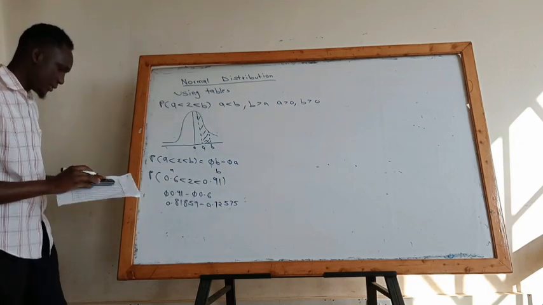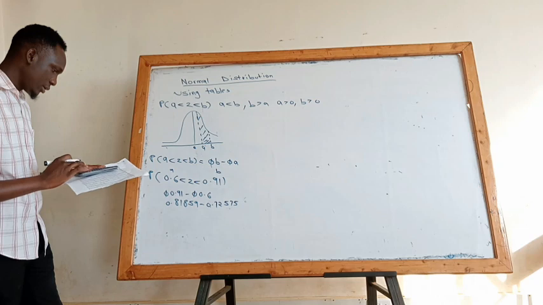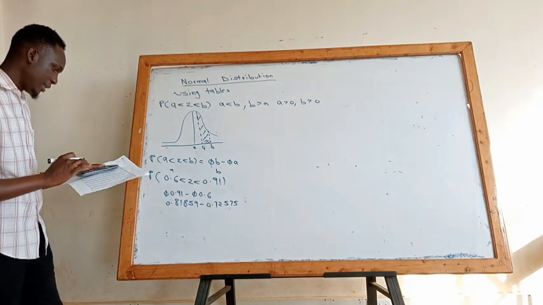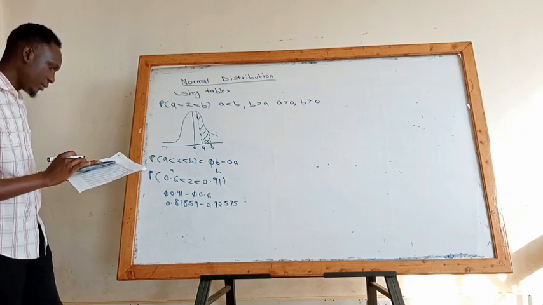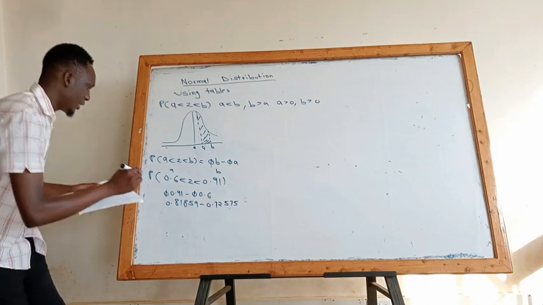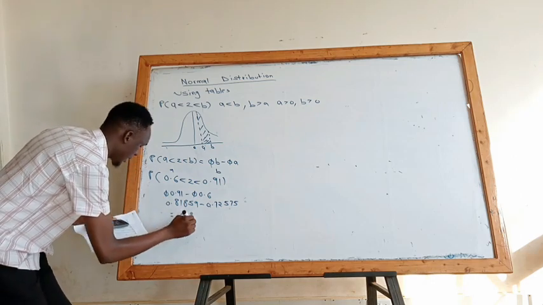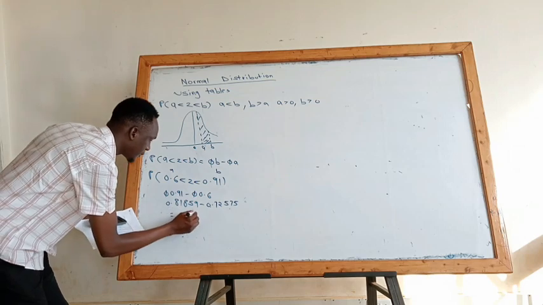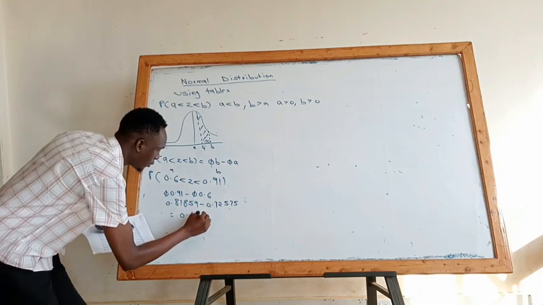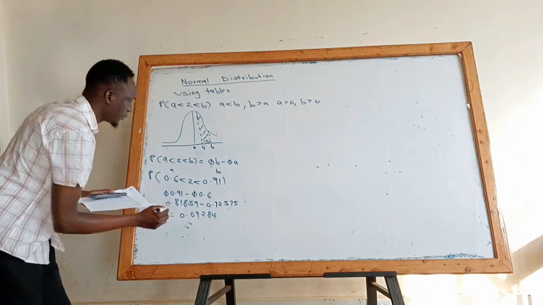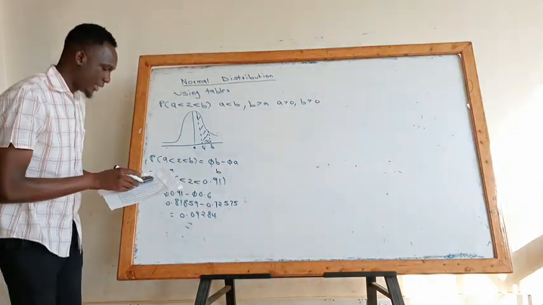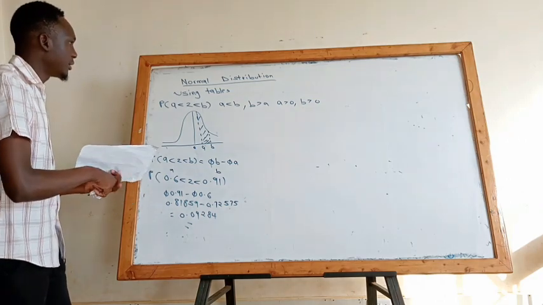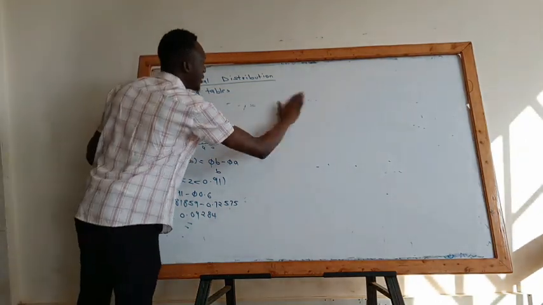When you subtract 0.81859 minus 0.72575, we find that the probability is equal to 0.09284. So really, when you know this identity, you can work it quickly. Let us look for another identity.